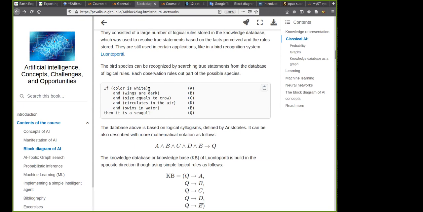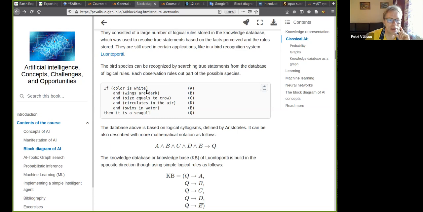So for example, if we have certain statements, that color is white, let's call it statement A, wings are dark, we call it statement B, size equals crow, we call that statement C, circulates in the air is D, swims in the water is E, and then the final conclusion is that it was a seagull, Q is a seagull.